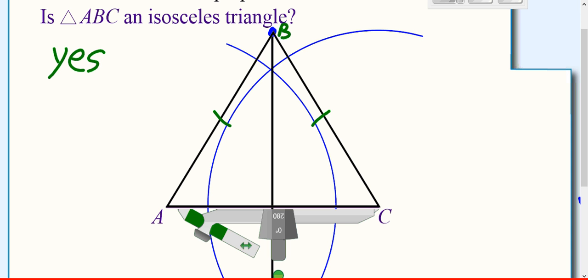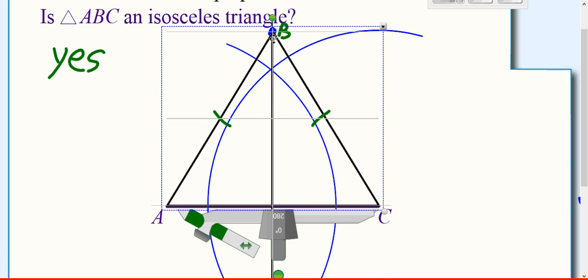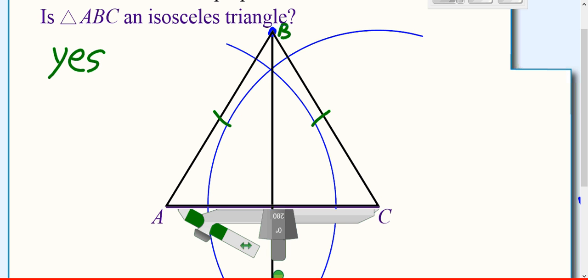So this triangle, no matter where we put it, no matter where we put B on this perpendicular bisector that we drew, if we drew it here, that's still going to be isosceles.